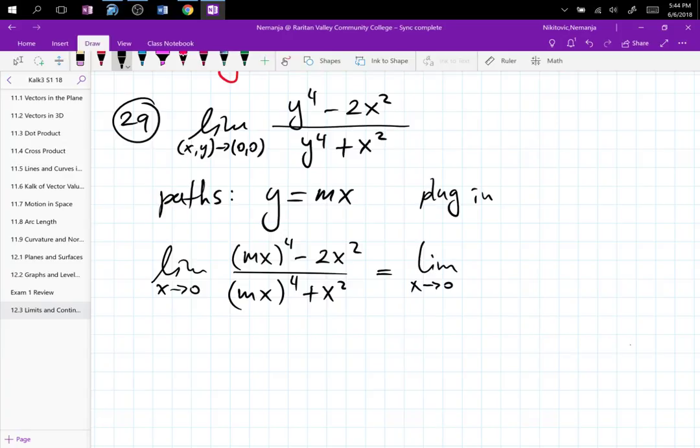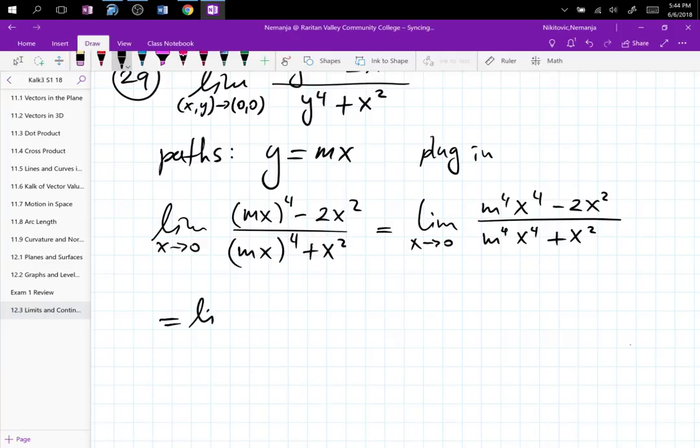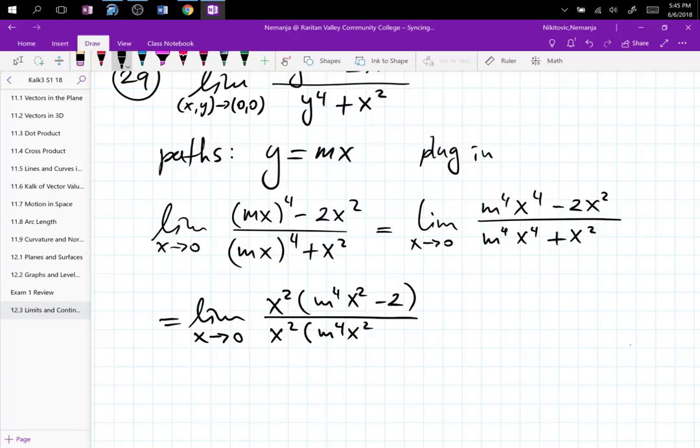Don't forget to write limit in every step. All right, and plus x squared. There we go. So now the only thing I can do is factor out x squared, and then those are going to cancel. So they cancel.